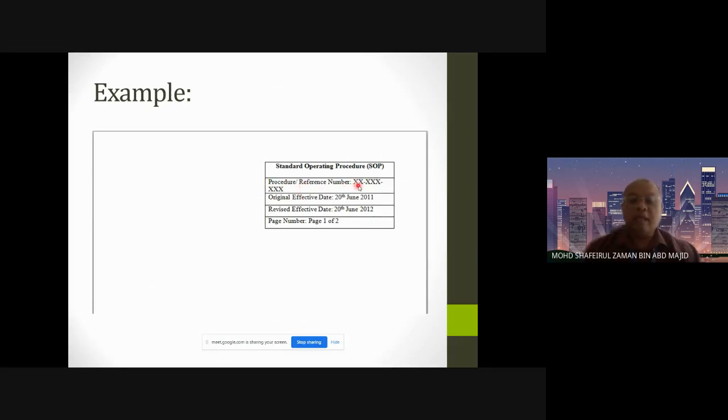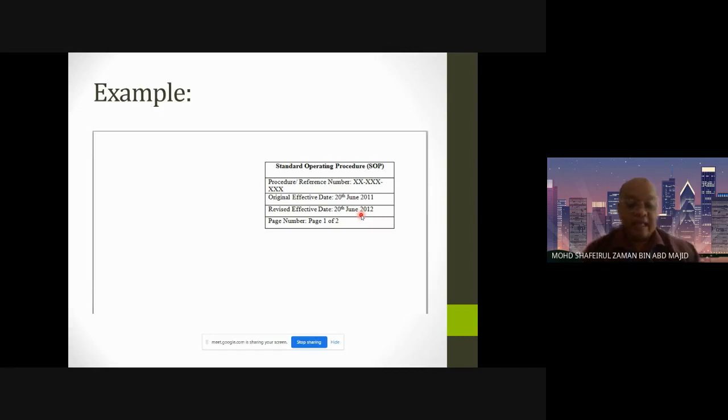Remember, different divisions and different SOPs will have different reference numbers. Then the original effective date, let's say 20th June 2011, and then the revised effective date, 20th June 2012.